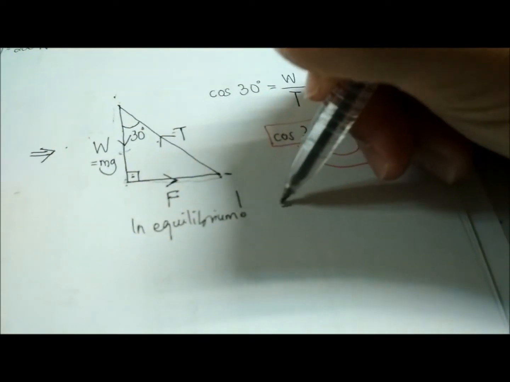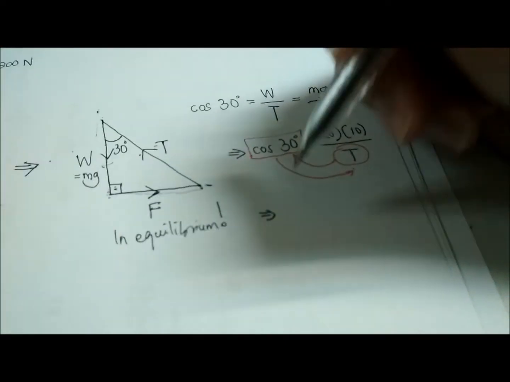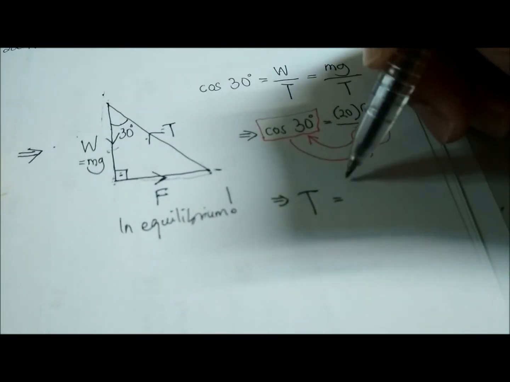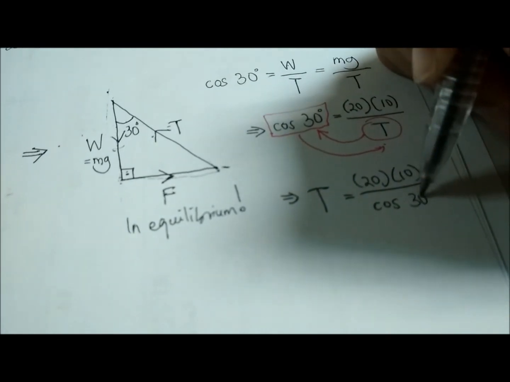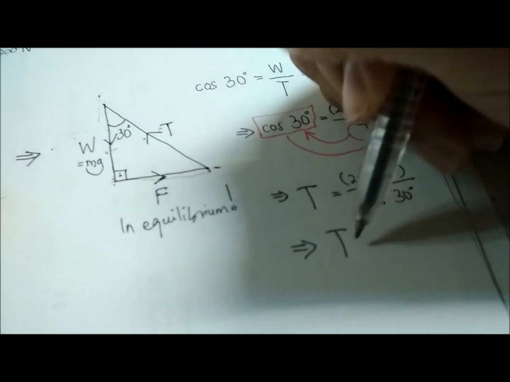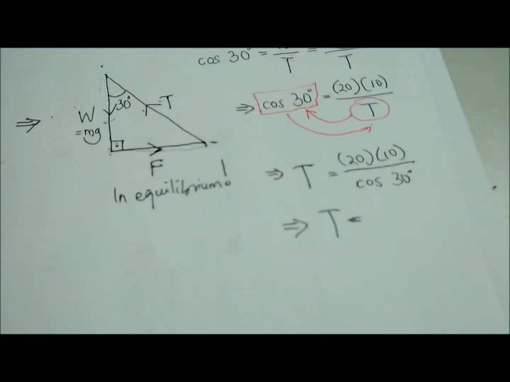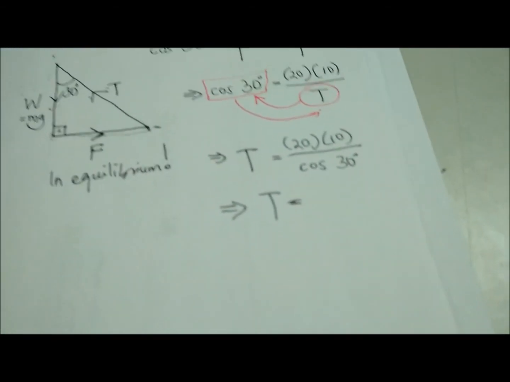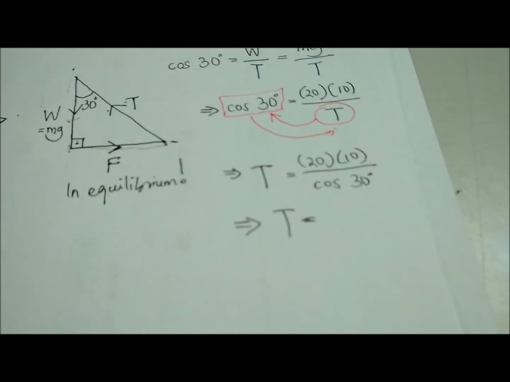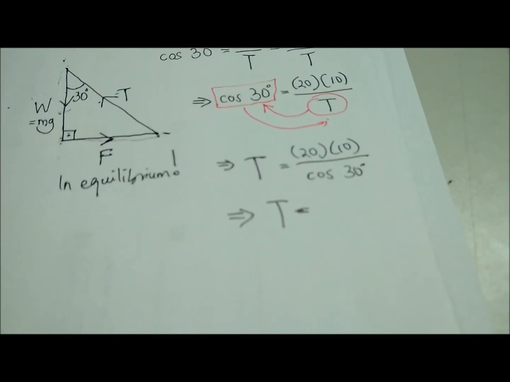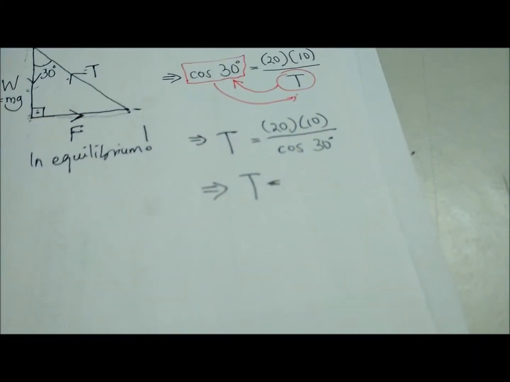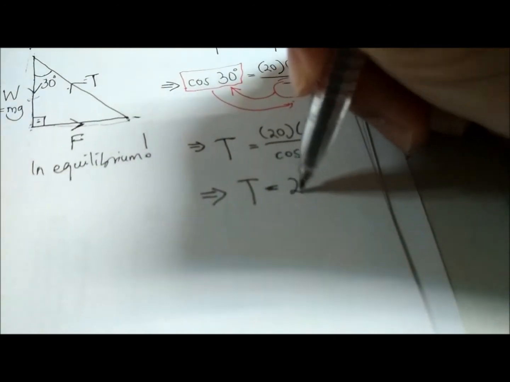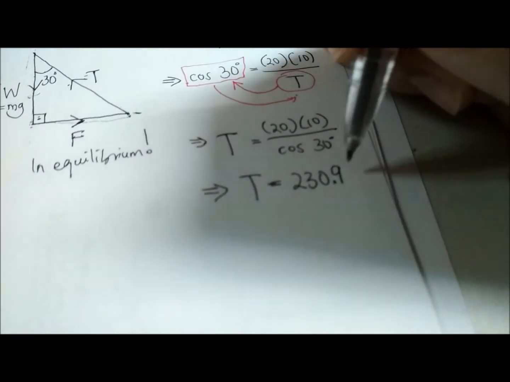So T is equal to 20 times 10 over cos 30 degrees. So what do you get? You will get 230.9 Newtons.